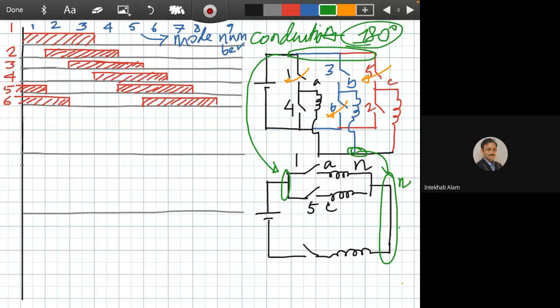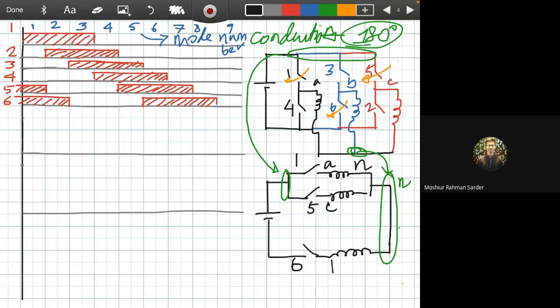The point B is here, and from point B the switch 6 is here. Can you understand the circuit? This is the mode 1 equivalent circuit, or we can call it the equivalent circuit for mode 1.